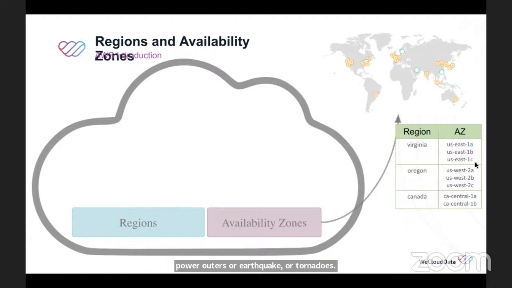Well, the other zones should still be up and running. So it's very unlikely for the entire region to go offline. And even if you are in a zone that is being affected, there is a free transfer for you to be transferred to the one that's still up and running. So your service will still be able to run and process while they fix the issue and then transfer you back.